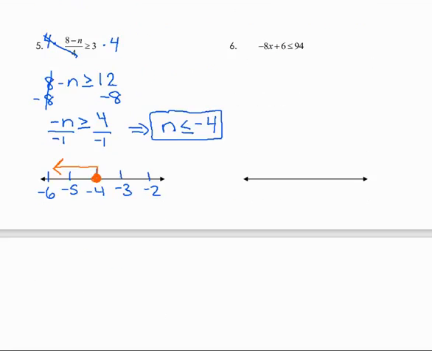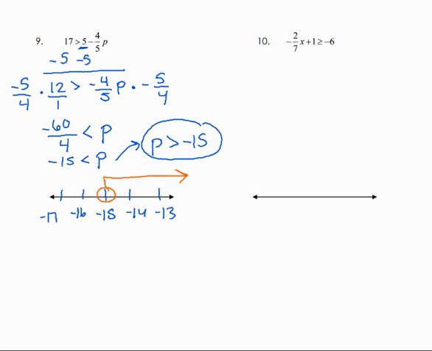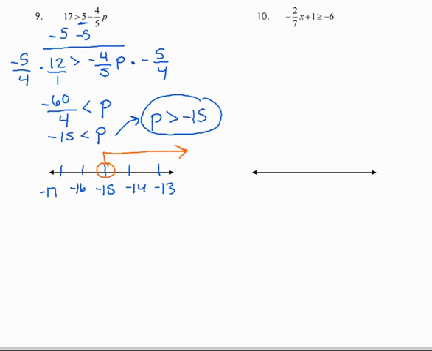So when the fraction is out front of the variable, like this guy that I'm circling, that's when I would use a reciprocal. And so same thing on number 10, not the first step, but number 10, I see a fraction out front. So you will use a reciprocal on number 10. Whereas if it just said P over 5, we just multiply by 5. We don't use a reciprocal. Okay? Any questions?